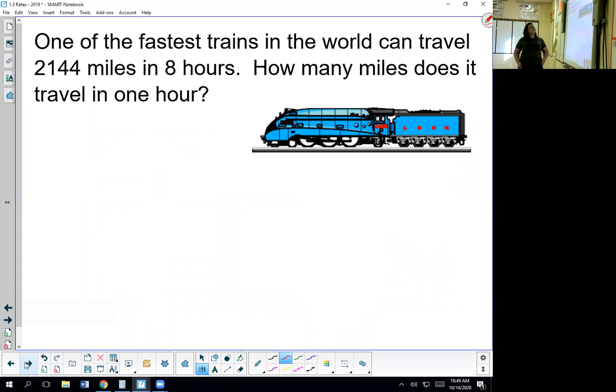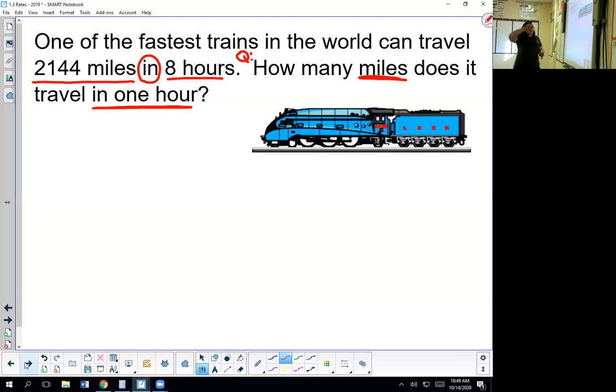One of the fastest trains in the world can travel 2,144 miles in 8 hours. Here's the question. How many miles does it travel in 1 hour? So this already tells me I want to know what it is for 1 hour.